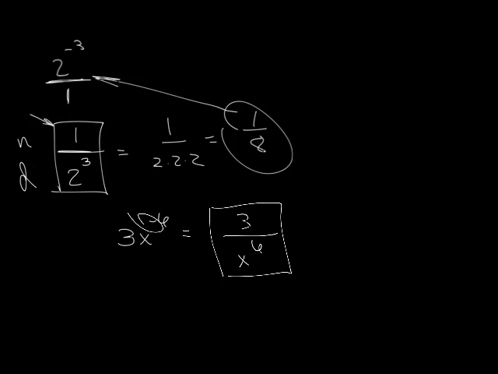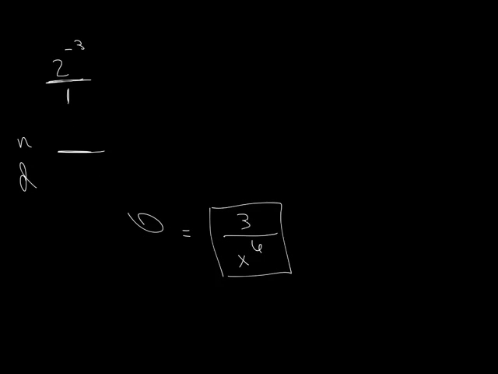Alright, so let's look at example 2. Example 2 is just doing some of those basic divisions that we had shown earlier. When we have something like x to the 9th over x to the 6th, that equals x to the 9 minus 6, which equals x cubed.